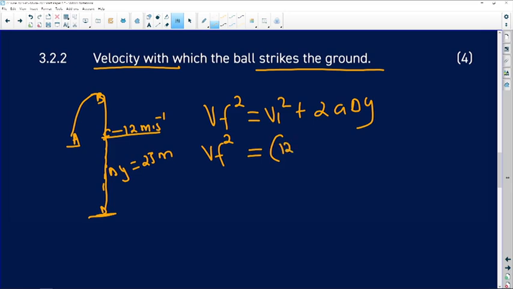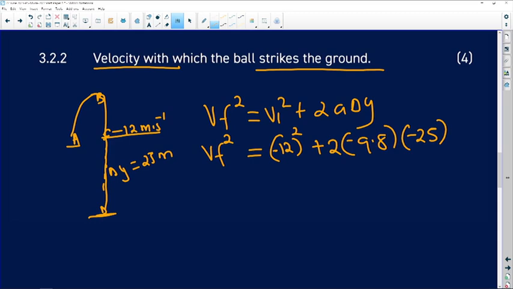I can just put it as 12 because I've squared it, it will cancel the negative. So 12 squared plus 2 times minus 9,8, and the change in Y is also minus 25.